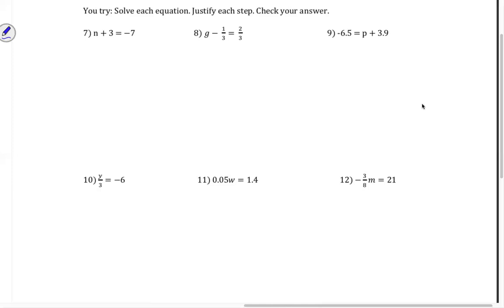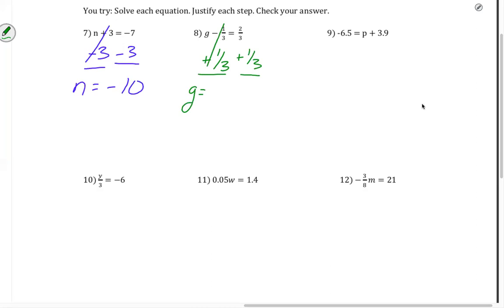Olivia said she subtracted 3 from both sides and got n equals -10. Nicely done. Mrs. Simonian, haven't heard from you in a hot minute. How would I do number 8? Add 1/3 to both sides, and G will equal 3/3 or 1. Perfect. Now, what I want you guys to notice is Mrs. Simonian said 3/3, but then she said 1, because we're going to reduce our fractions, okay?